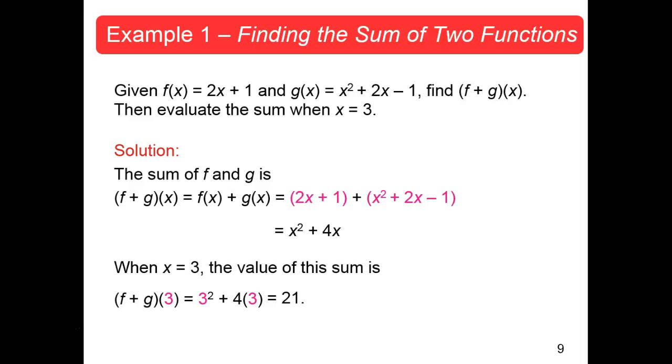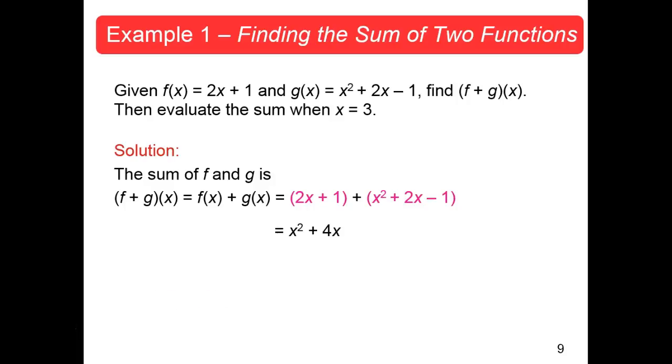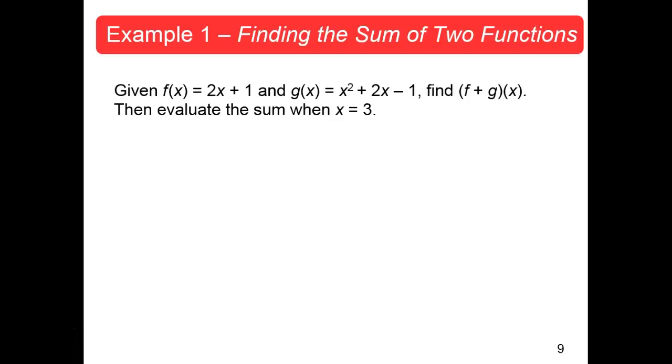I wish we could go back to what I had done before. Well, let's do this anyway. Example 2 was when f of x is this same function and g of x is this same function. It says now find f minus g of x. And what would that be?